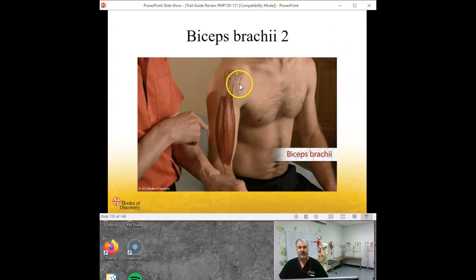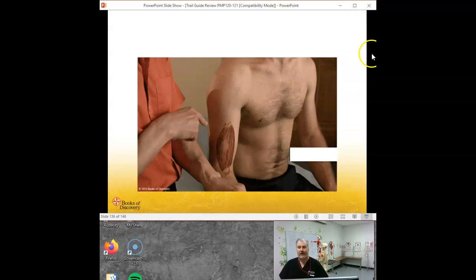Biceps brachii. One little head is going over the coracobrachialis. The other one's going all the way up here and inserting into the supraglenoid tubercle up there. Very cool. Okay. Somebody else, not because I'm trying to shut you down, Ms. Stanley, just because you answered the last question. Somebody else, what muscle is this? Yes, Ms. Petrie.